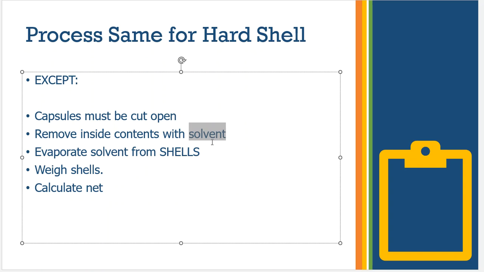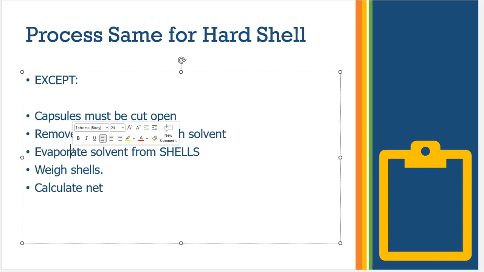That solvent will take away everything on the inside, but it will not dissolve the actual capsule shell itself. So then we jiggle those capsules around in that solvent. That removes all of the interior contents, and then the shell is left over.